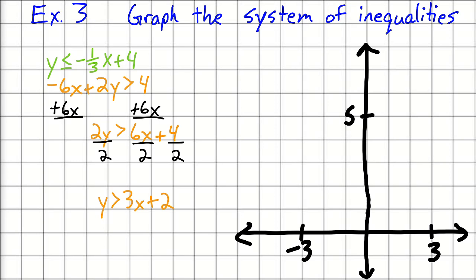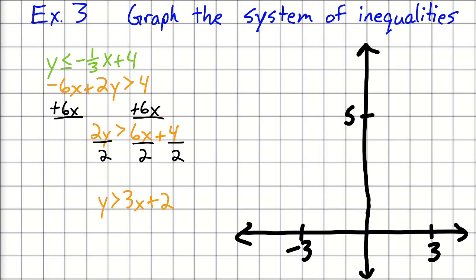There's my grid. And you may ask, why didn't I put my x-axis here? Why didn't I put it up here? I did that because I saw that my y-intercept here was a 4. So I'm going to need to put a point up there. That's why I did that.